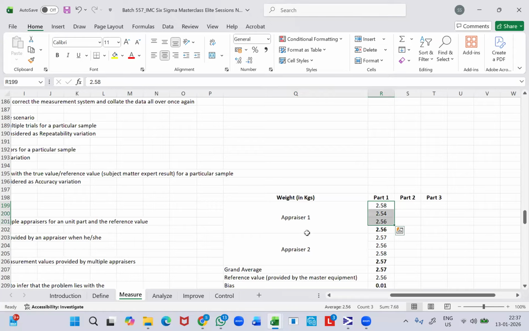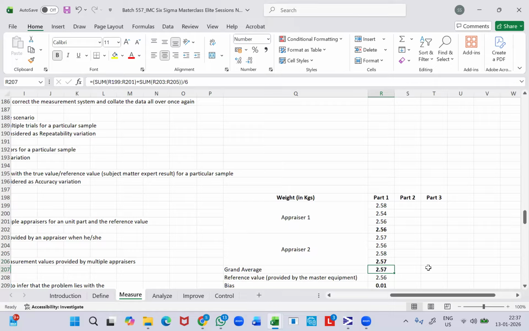So we get 3 measurement values from appraiser 1, and similarly appraiser 2 has also measured the sample unit 3 times, so we get 3 measurement values from appraiser 2. What I've done is I've also calculated the average of the measurement values provided by appraiser 1 for sample unit 1, and also the average of the measurement values provided by appraiser 2 for sample unit 1, right?